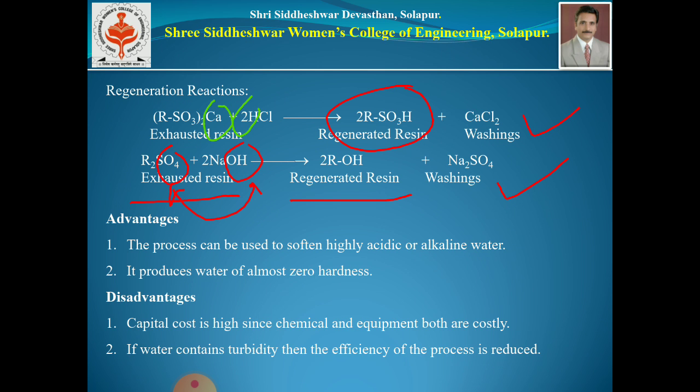But the capital cost of this process is high, since chemicals and equipment both are costly. If water contains turbidity, then the efficiency of this process is reduced, because the solid particles present in the water may clog the pores of the resin, and the percolation will not take place.